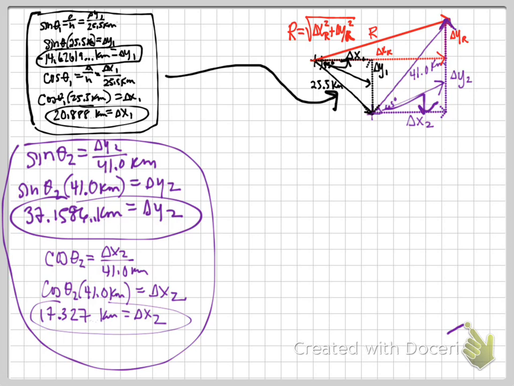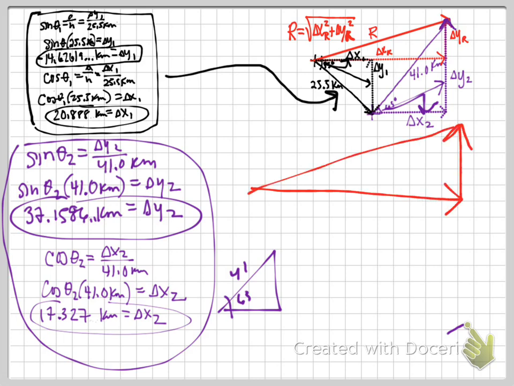I tend to use full sheets of paper, so I'll actually draw myself this little triangle with my 65, my 41, so that I can see it. I don't always. So let's look at this, badly drawn, with our resultant.